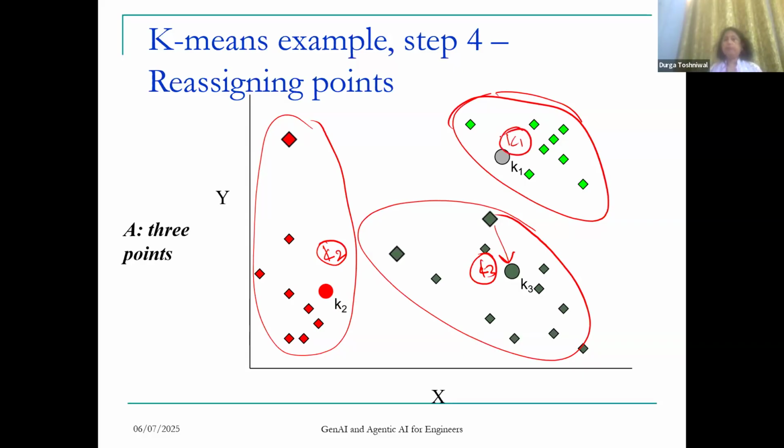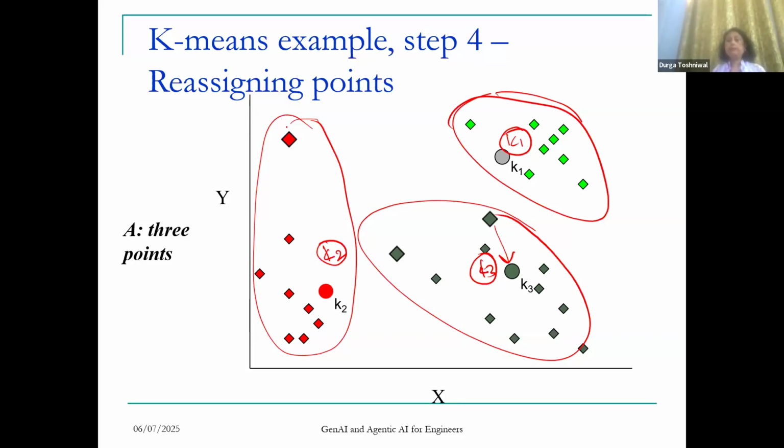So we'll have to again find the new means and then find the distance of all these points with respect to these new means in the next iteration, and see if points are again changing the cluster. And we'll go on iterating again and again till substantially there is no movement of points from one cluster to the other. At that point in time, we will stop.